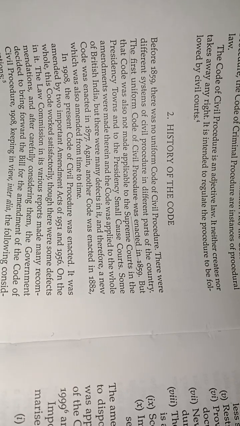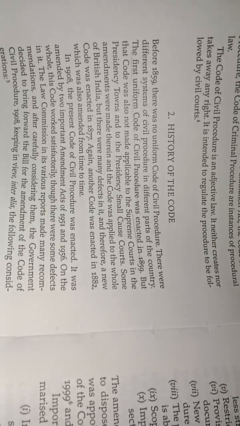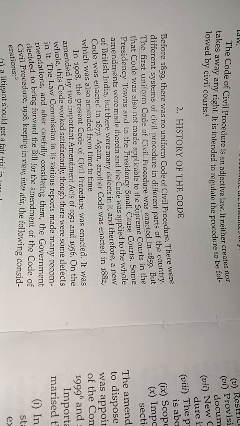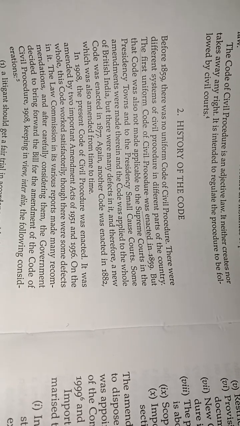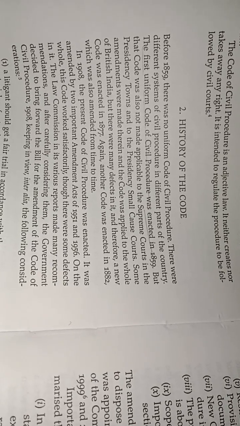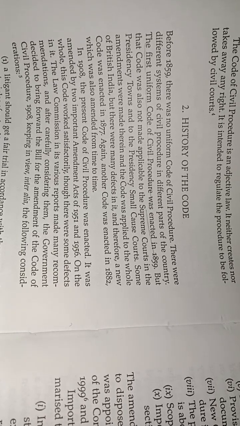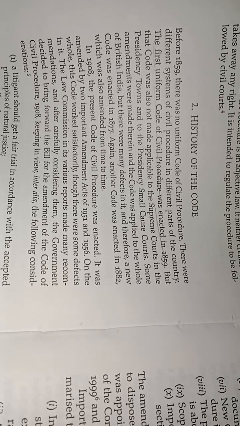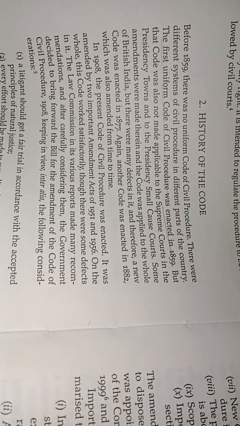But that code was not made applicable to the Supreme Court in the presidency towns and to the presidency small cause courts. Some amendments were made therein, and the code was applied to the whole of British India, but there were many defects in it, and therefore a new code was enacted in 1877.